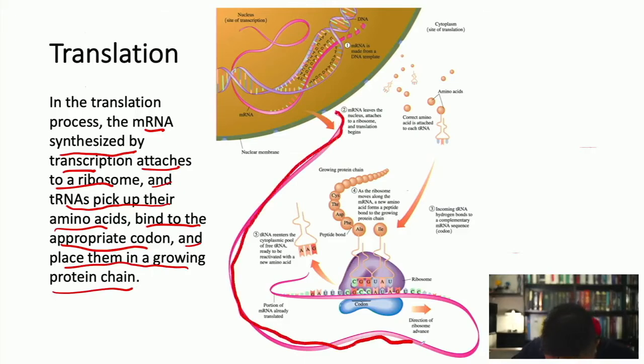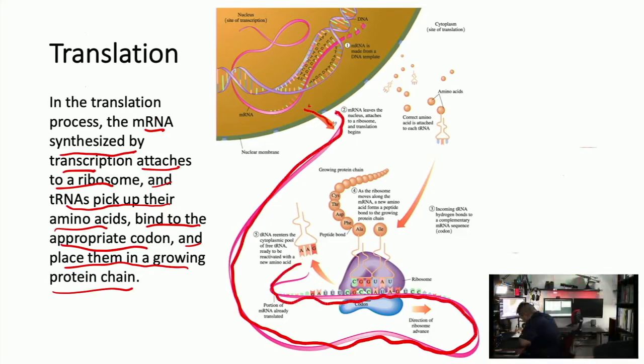If you look really closely at this picture here, we have a string of mRNA, that long strand of mRNA. It came from the nucleus right after it did some transcription from the DNA, and a ribosome attached to it.